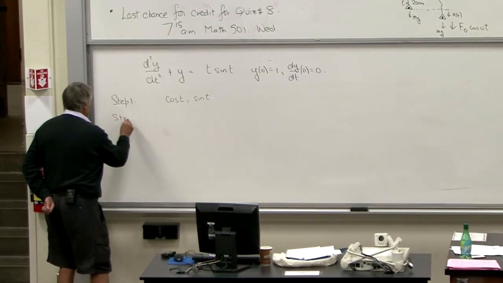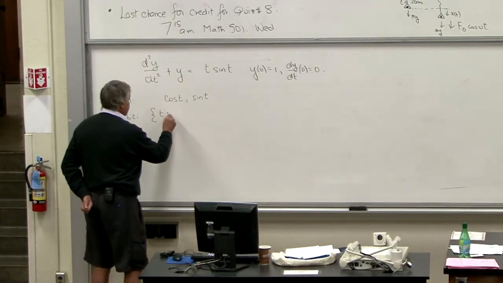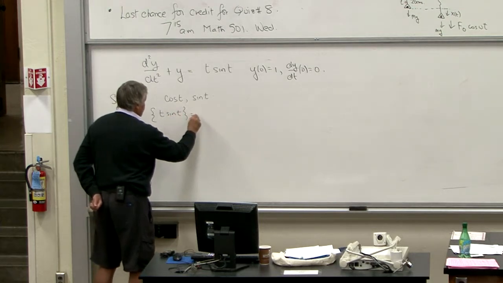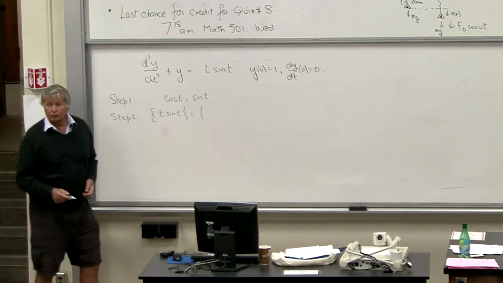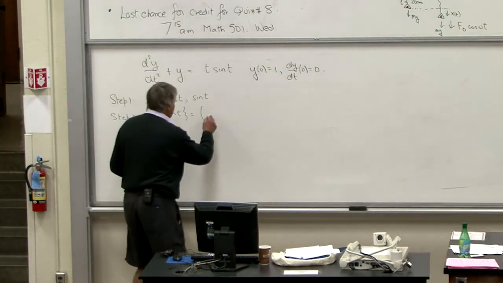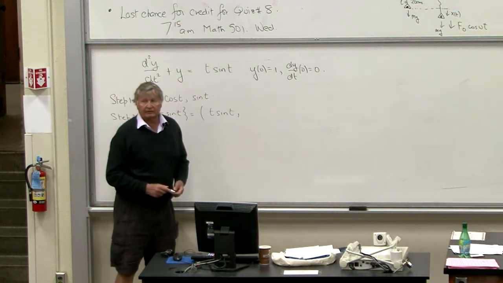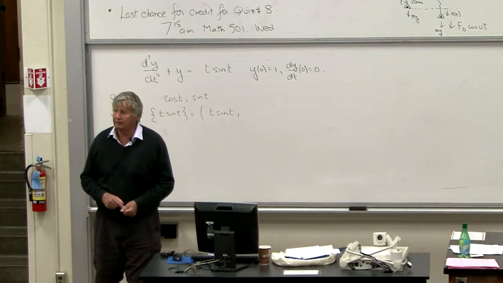Step 2. We want the auxiliary set of t sine t. Okay, so you take this function and you repeatedly differentiate it until you run out of new functions.